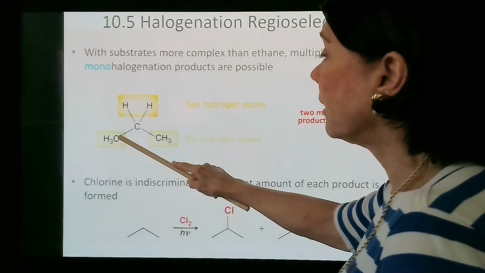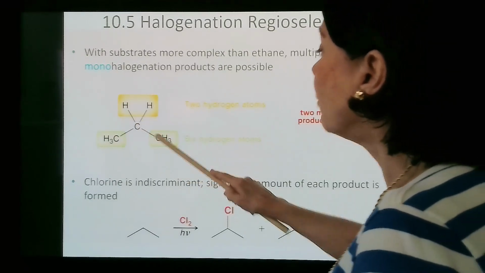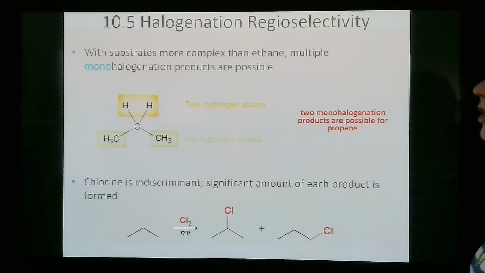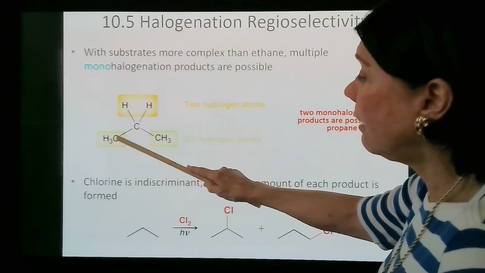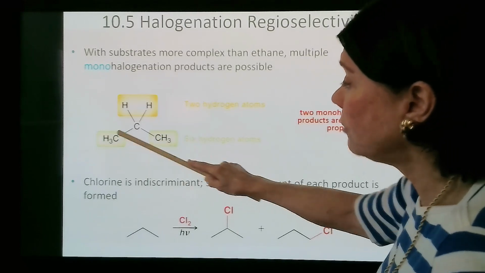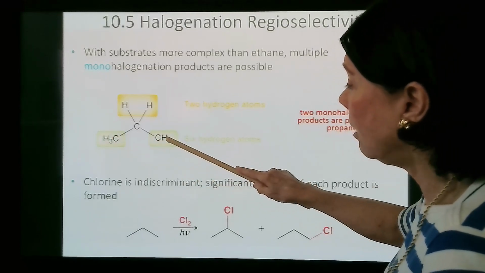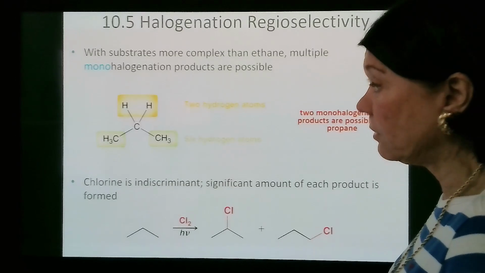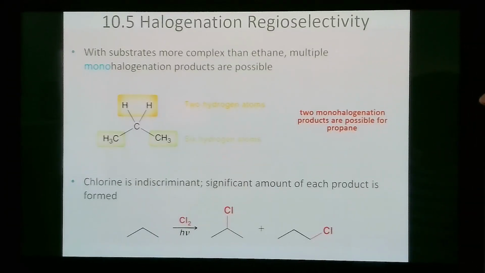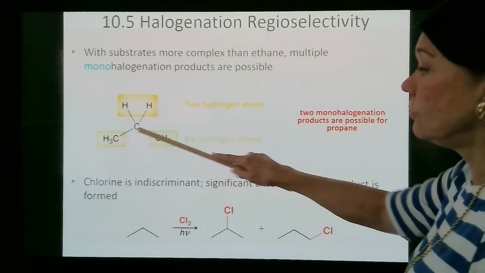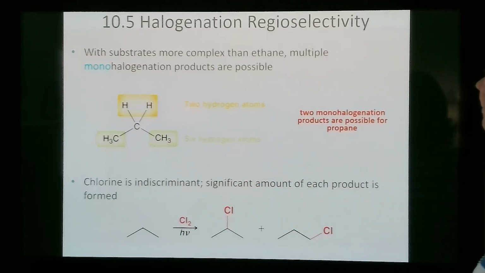Here, this is a primary carbon, secondary carbon, primary carbon. The statistical effect of these different types of protons is that you've got 6 protons on primary carbons and 2 on a secondary carbon. So it's a 3-to-1 ratio.